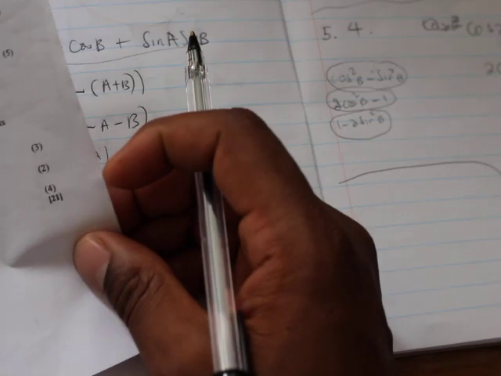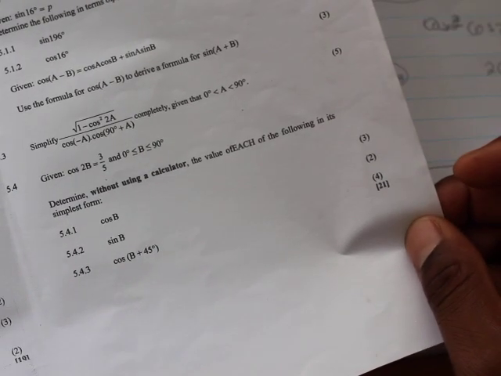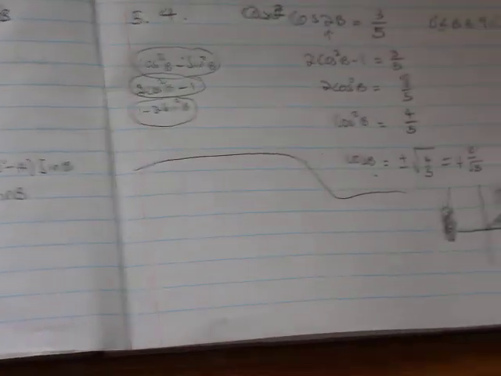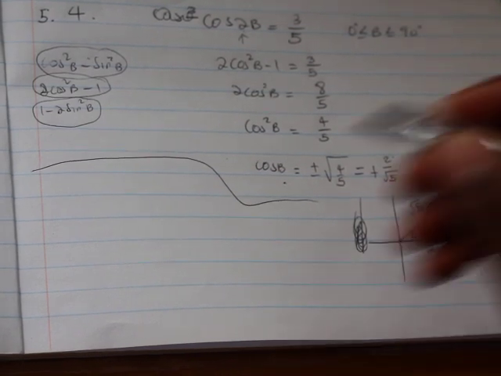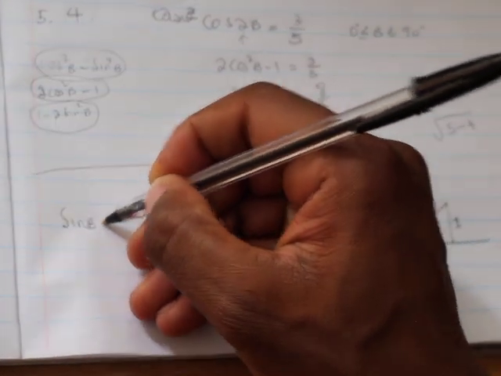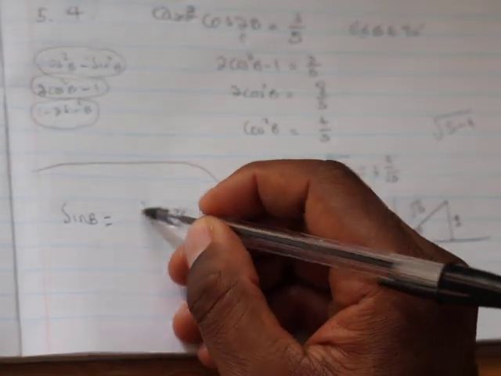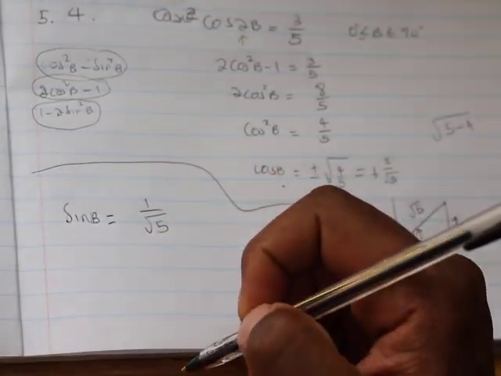So we need to move on and find the sine of b, because we've been asked to find the sine of b. Sine of b, we simply go to the triangle itself. Right, here's the triangle. Remember, sine, it's opposite over hypotenuse. So the sine of b is just going to be 1 over the square root of 5.